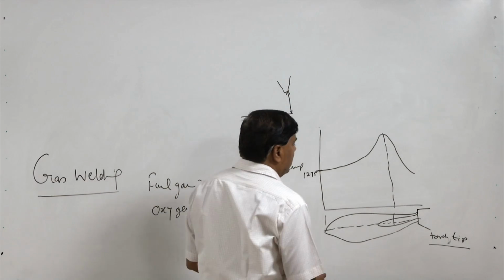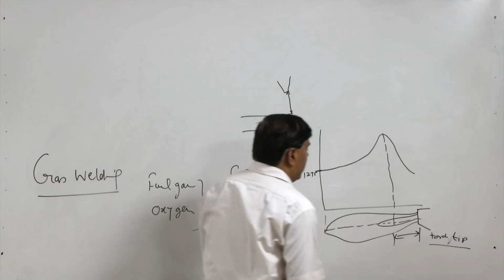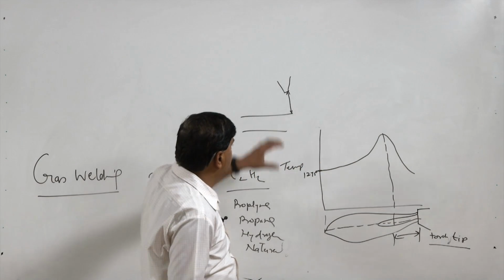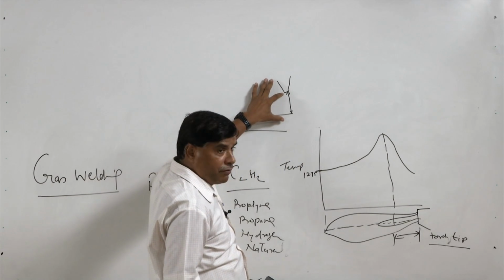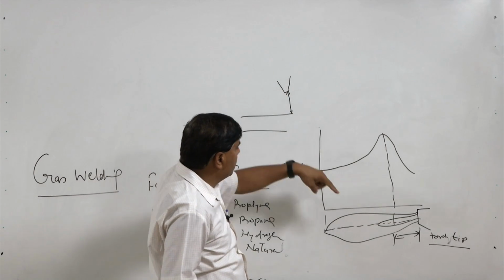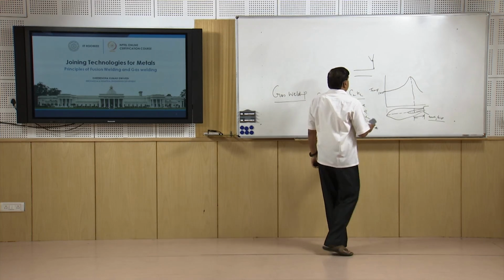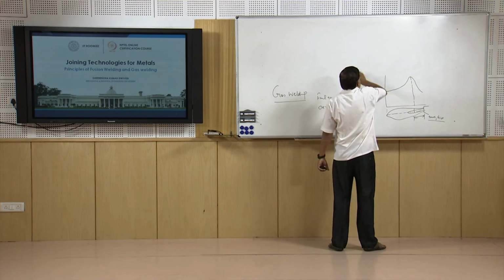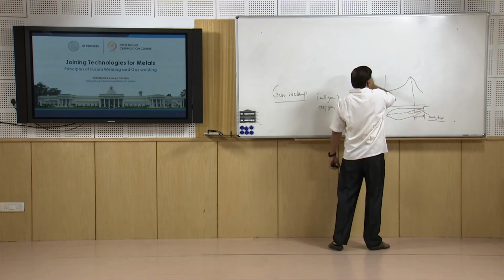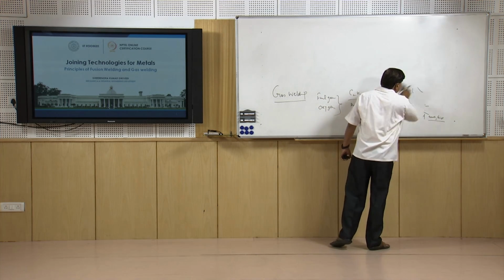So, this distance is used to decide the distance of the tip of the torch away from the workpiece, adjusted in such a way that the inner cone is at the surface of the workpiece in order to increase its melting capability. This is the purpose of showing this plot.